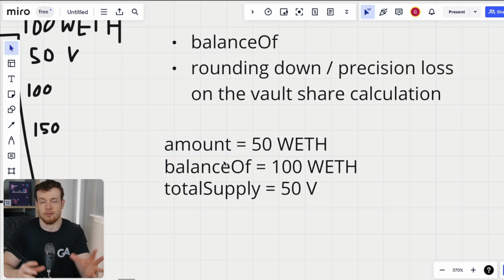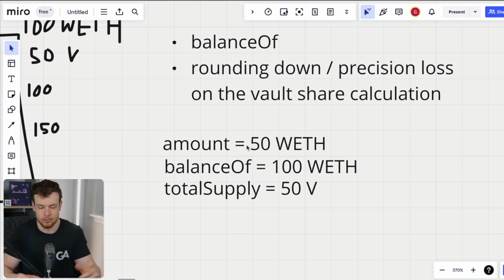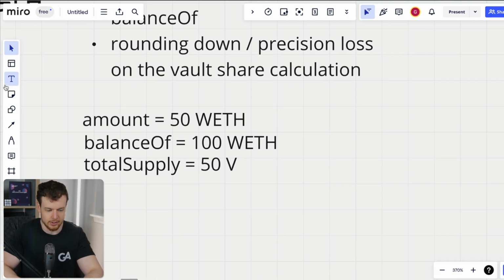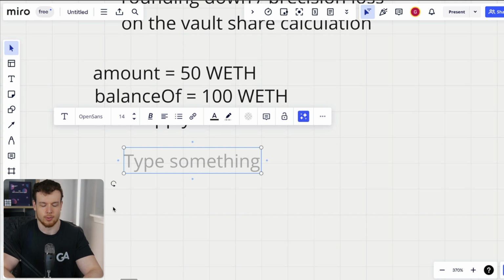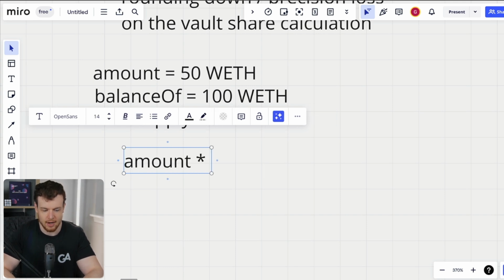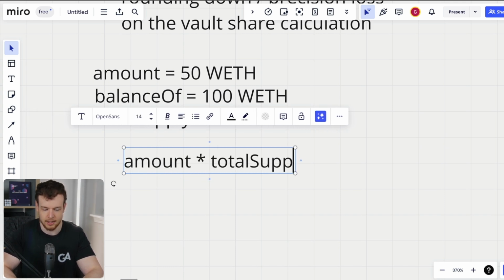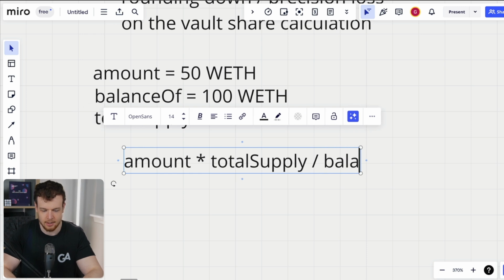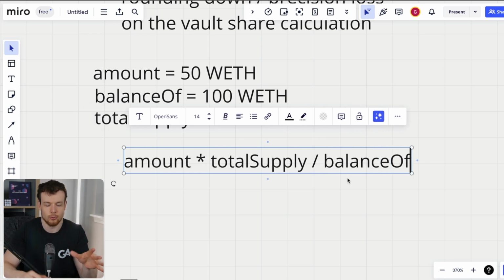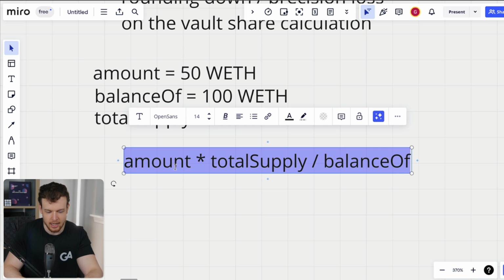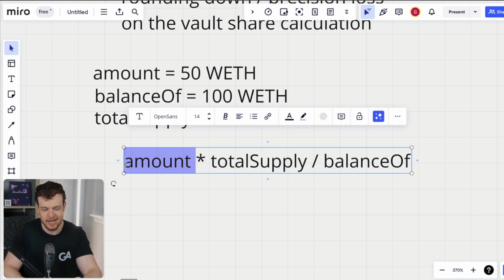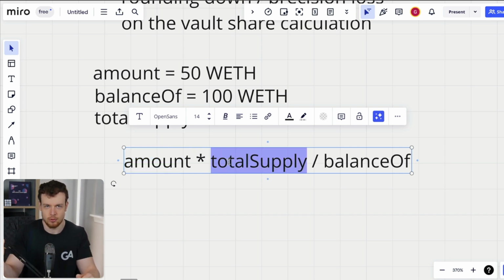To convert this amount to a vault token amount, which is what we want to do, we will basically use this formula here, right? We want to multiply the amount times the total supply divided by the balanceOf. So what we're doing here is we're taking the amount and we're basically saying you're going to get as many vault tokens as the amount that you provided times the ratio of the underlying asset to the vault tokens, right?